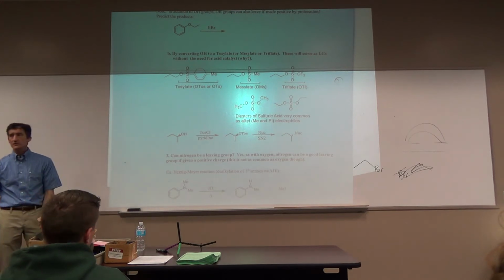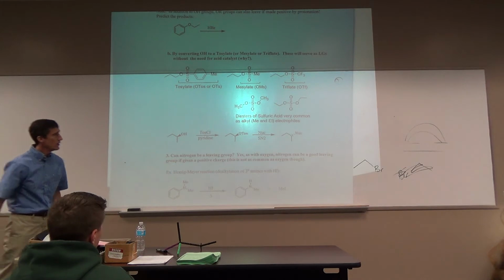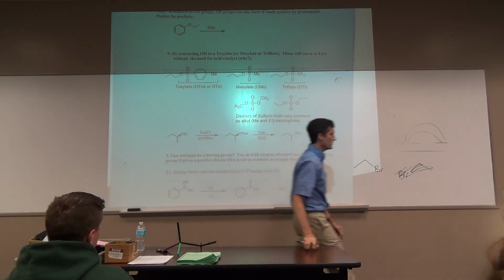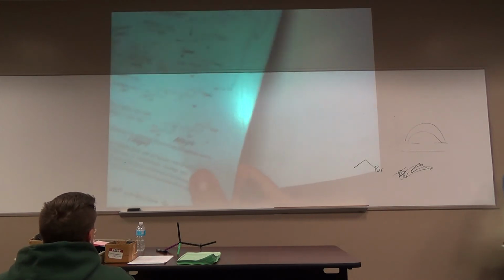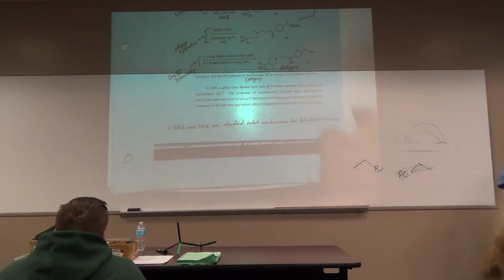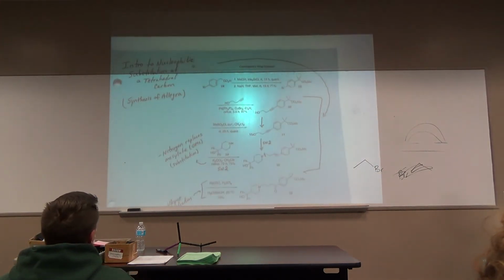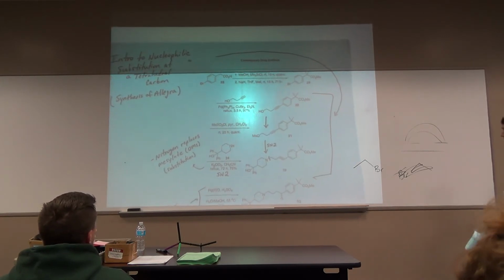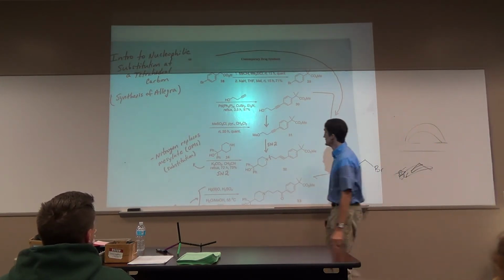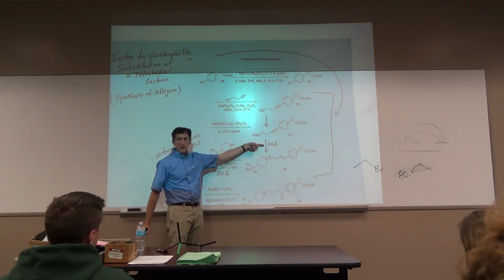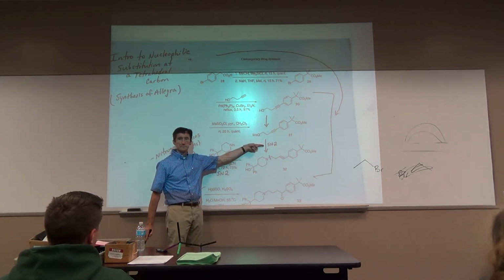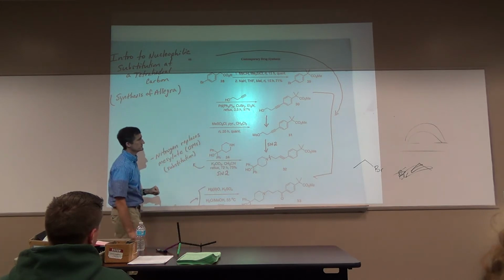Okay, questions about tosylates over here? At this point, we can look back at the very, very front of the blue model reaction over here. It says SN2. What's going on here?